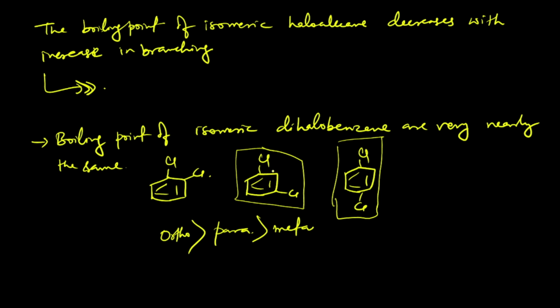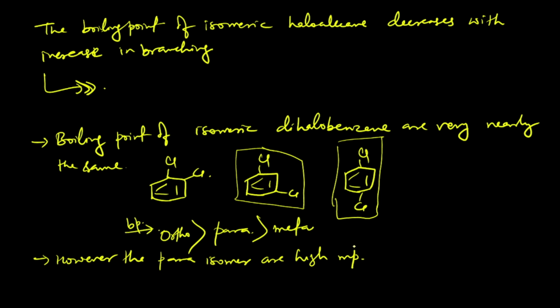Okay, so we can write, however, the para isomers are high melting. This is the boiling point trend. The para isomer has a high melting point as compared to the ortho and meta isomers.